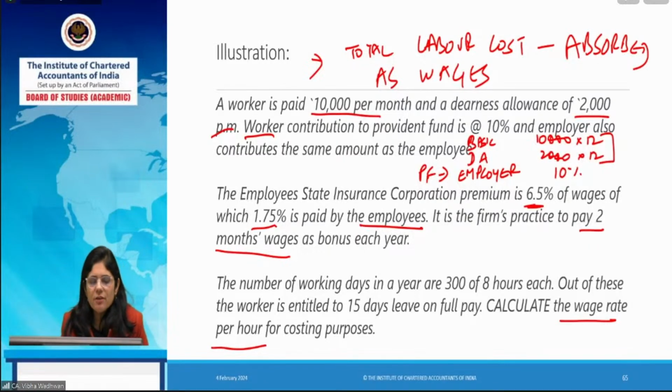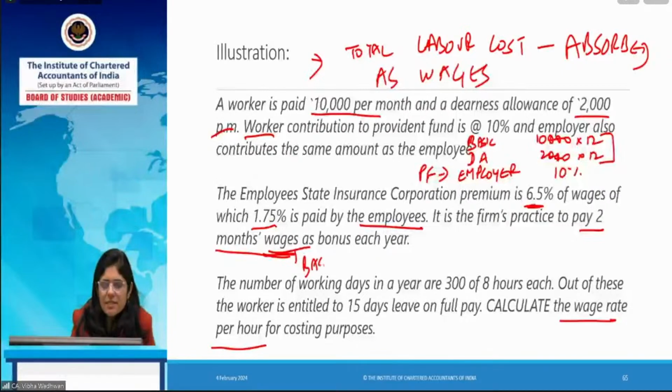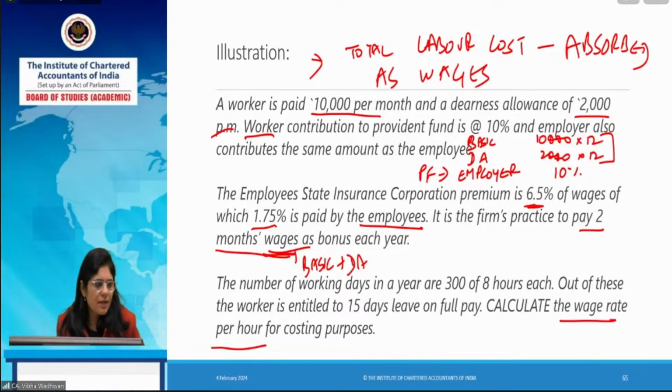Whenever we say 2 months wages, wages generally means basic plus DA only. Always basic and DA together make wages. Yes, employer 4.75. So ESI employer contribution is 4.75% of basic and DA both.